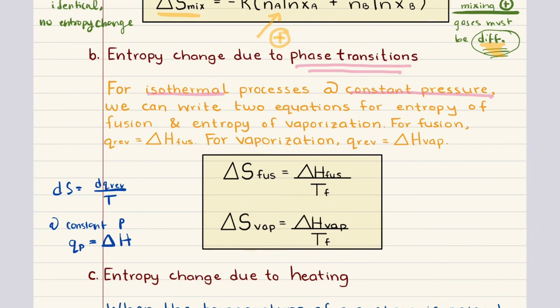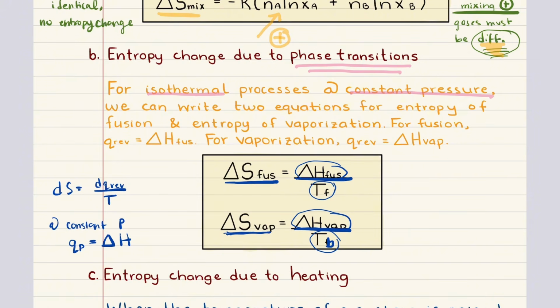So that means we can write delta S fusion equals delta H fusion divided by TF, where TF is the melting temperature. For vaporization, the reversible heat is equal to delta H vap, which is the enthalpy of vaporization. So we can write delta S vap equals delta H vap divided by TB, where TB is the boiling temperature.